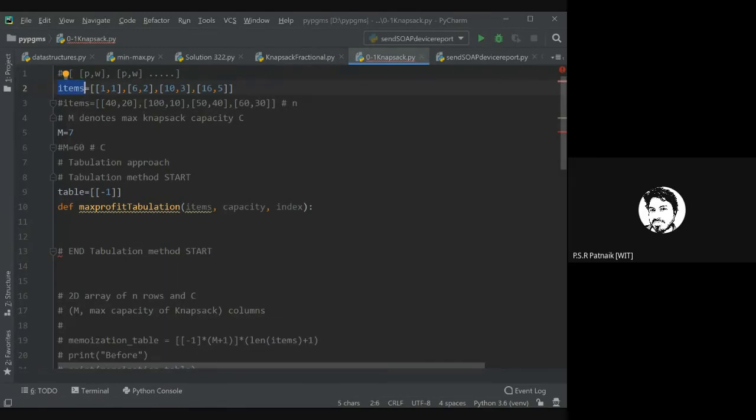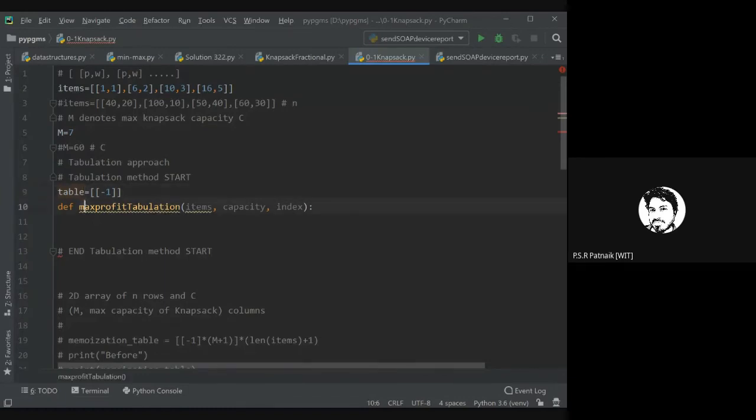So m plus 1 will become the number of columns, and if I have n items, n plus 1 rows. So columns is equal to total capacity plus 1, and rows is equal to number of items plus 1.